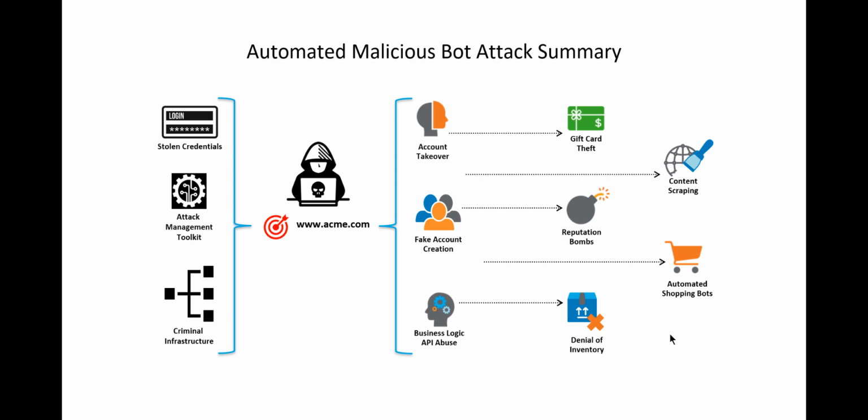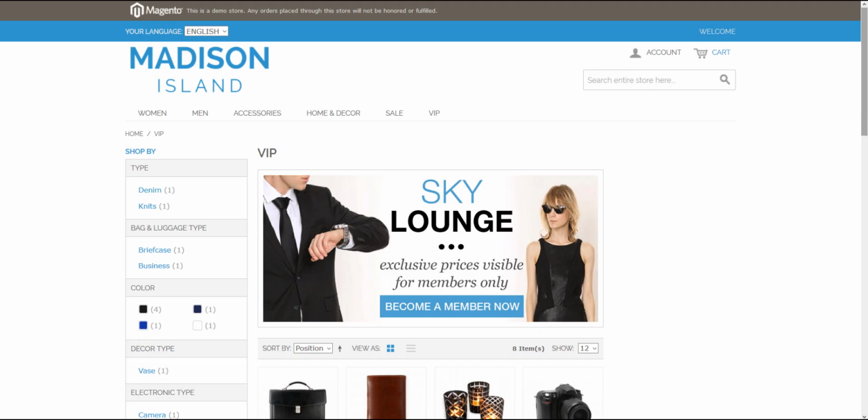Attackers are taking stolen credentials from the dark web, loading them into attack management toolkits like Sniper and Sentry MBA, and then launching attacks across compromised cyber criminal infrastructure, targeting your public-facing web, mobile, and API applications. The result is they are trying to do account takeovers, fake account creation, that then result commonly in secondary attacks as you see on the screen.